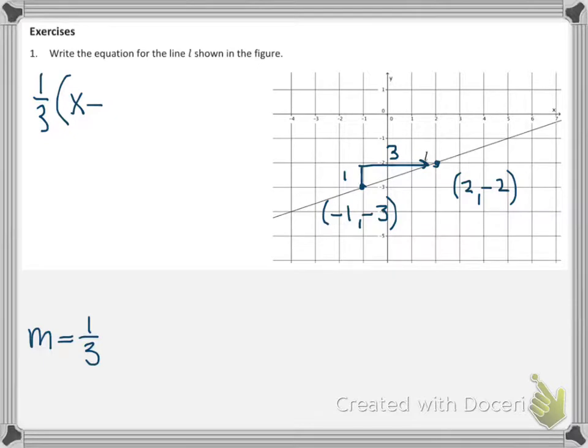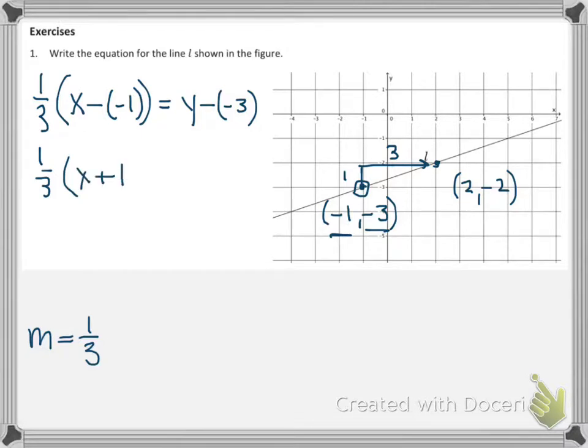Well, let's use this point this time. Our x is a -1, so that's a -1 is equal to y minus our y is a -3, so that's a -3. And then we can clean this up. 1/3 times x plus 1 is equal to y plus 3. And there it is, point slope form.